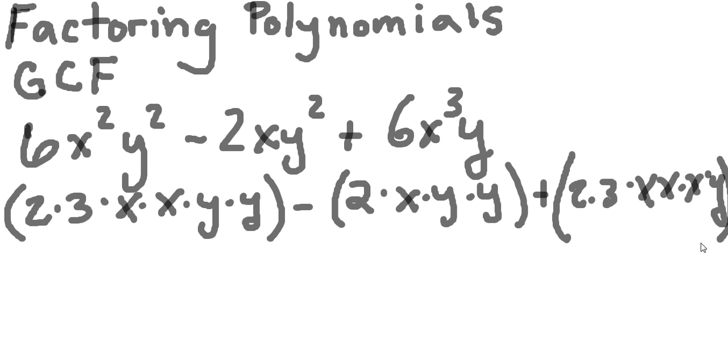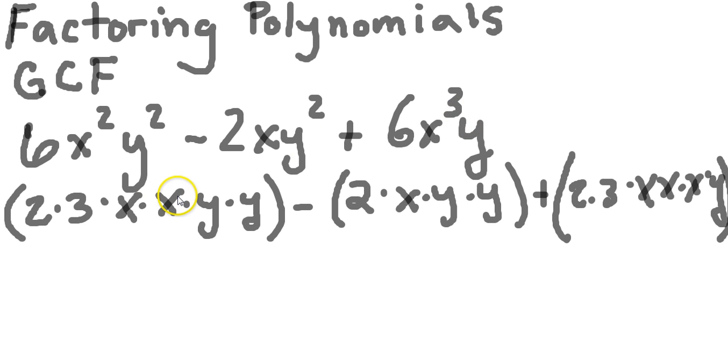Okay, so what is the greatest common factor? First, let's look at our coefficient. What number is in each one of these terms? We have a 2 in each one. We have 2 and 2 and 2. We have an x in each one, and we have y's. So let's do 2 times xy.